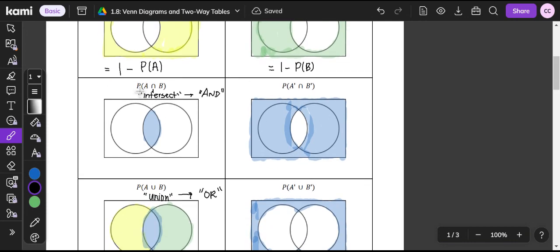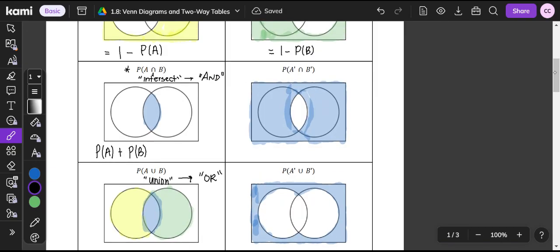Okay, now, if we talk about how do we calculate just this middle part, we're going to put a star next to this because we're going to talk about that more on the back. But as a general rule, what you can do is take the probability of A, so this circle, take the probability of B, this circle, and add them together.